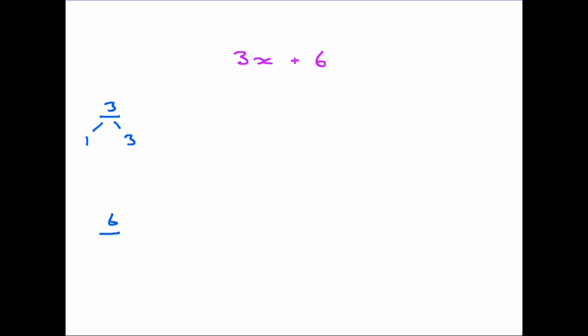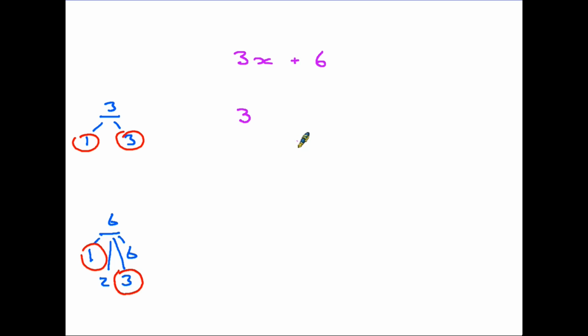The factors of 6, well, we have 1 and 6, and we also have 2 and 3. So the common factors of 3 and 6, well, the number 1 appears in them both and the number 3 appears in them both. We are looking for the highest common factor, therefore that would be the 3. So that is the first thing we write down as part of our answer.